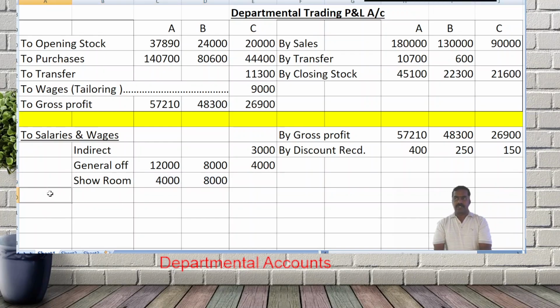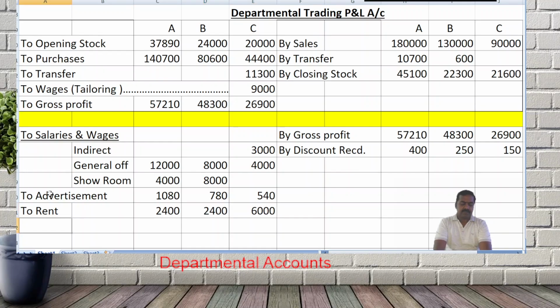Look at the other working notes that we prepared. What are the other working notes? Advertisement, based on sales we apportioned. What is it? 1,080, 780, then rent, we have done a working: 2,400, 2,400 and 6,000. We have done a working for everything. Then discount allowed, sales ratio: 540, 390 and 270.